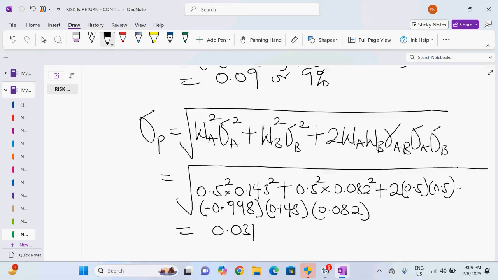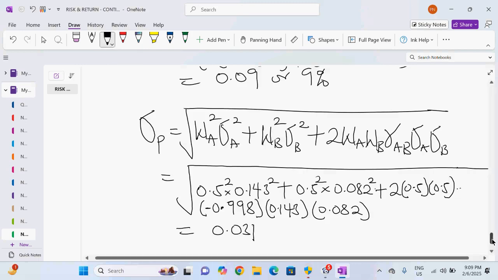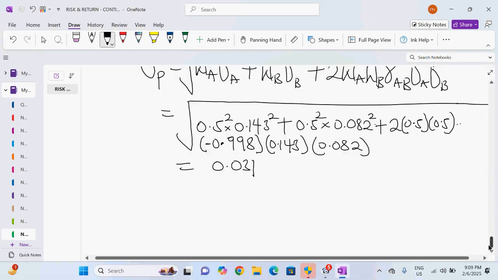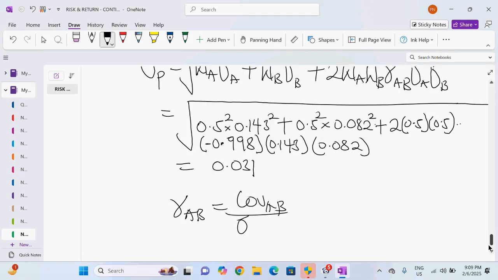Look at the analysis. See, correlation AB is equal to cov AB over the product of the standard deviations.